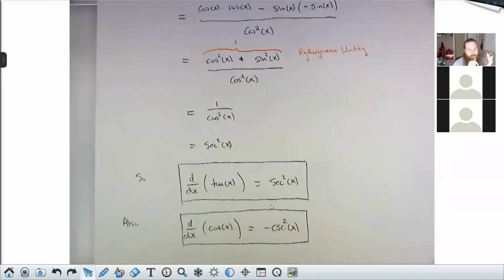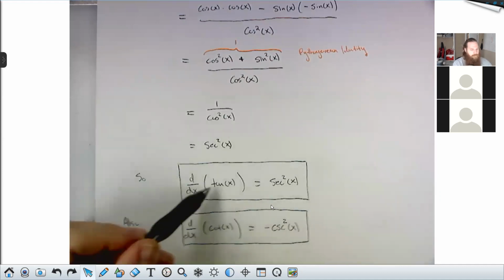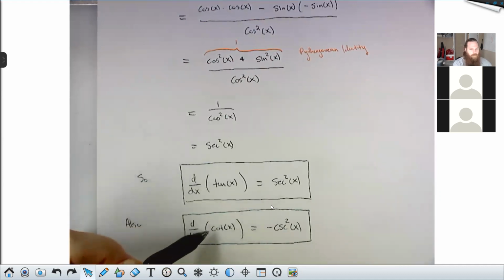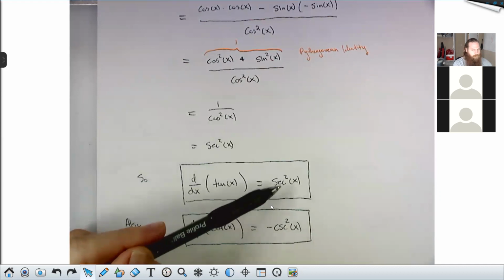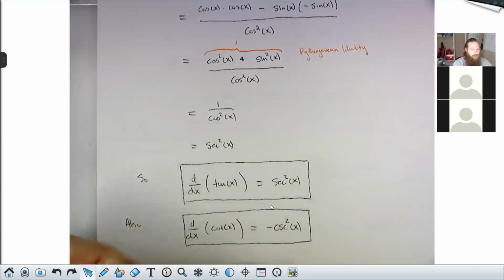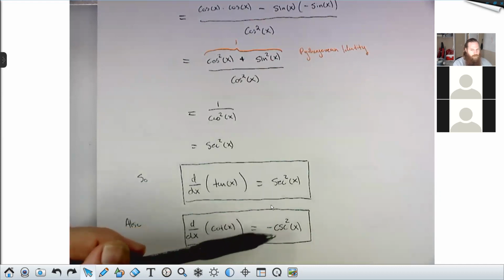So you notice the derivative of tangent is secant squared. The derivative of cotangent is negative cosecant squared. So if you swap a function for its co-function, you can swap the derivative for its co-derivative. And the only thing you've got to remember is that a negative comes along. A negative pops out here.